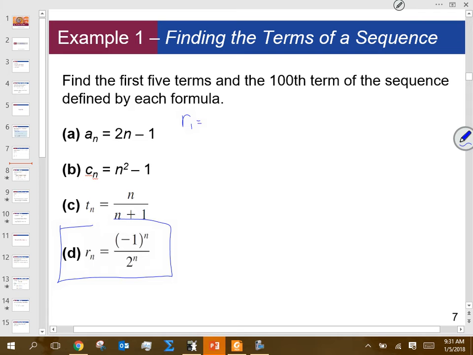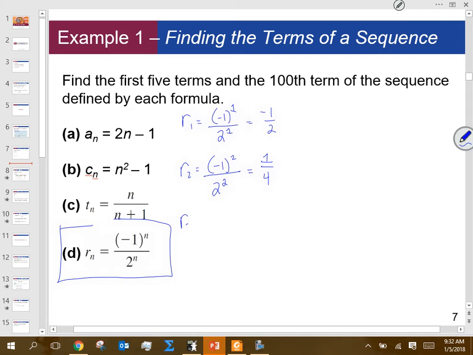Okay? So if I got R of 1, I'm going to have negative 1 raised to the first power over 2 to the first, right? So what's that give me back? Negative 1/2. Then we're going to do R sub 2. And I get negative 1 squared over 2 squared, and that gives me back 1/4.